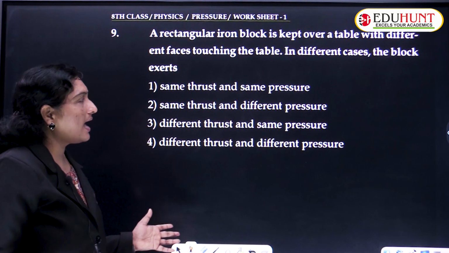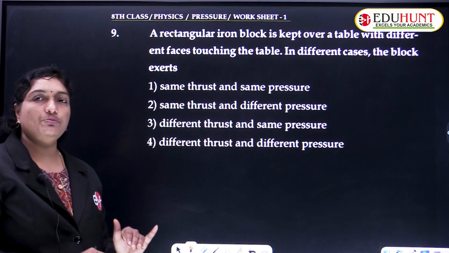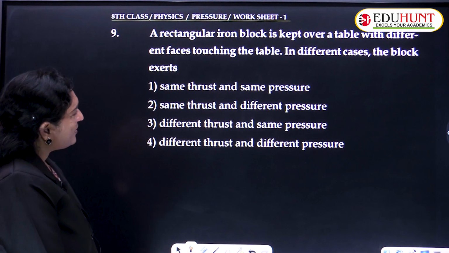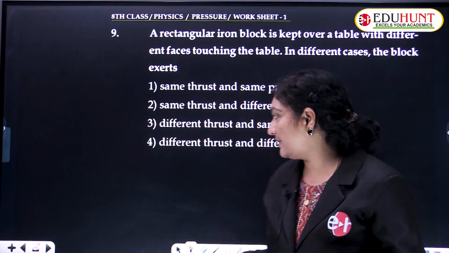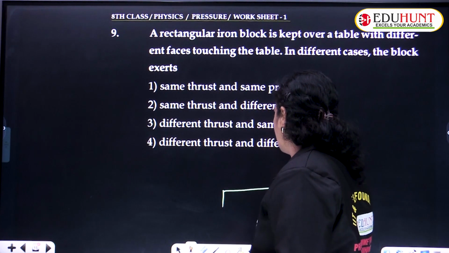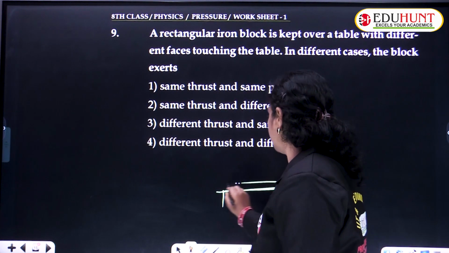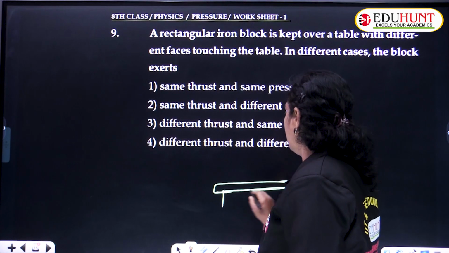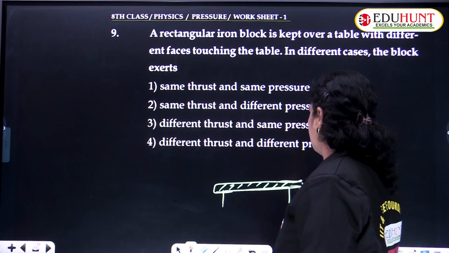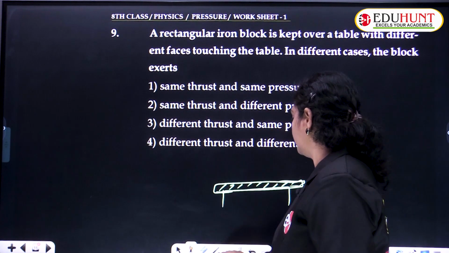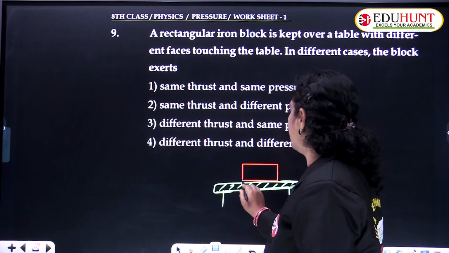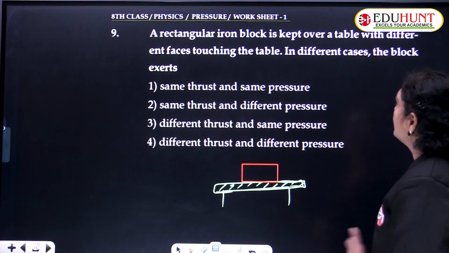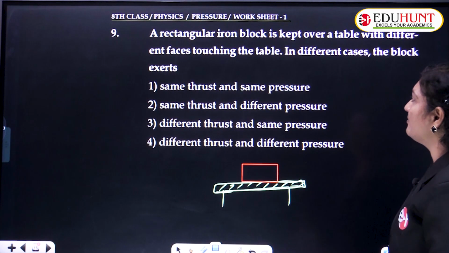A rectangular iron block is kept over a table with different faces touching the table. So what is given? A table is given, something like this. On this table, a rectangular iron block is kept with different faces touching it.